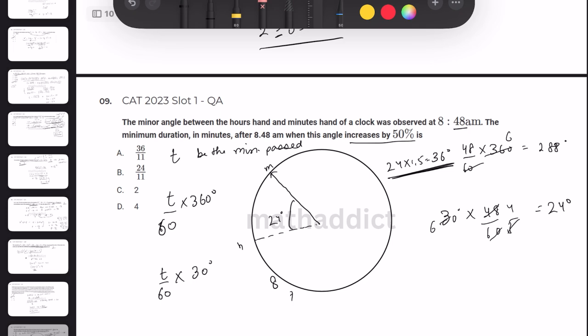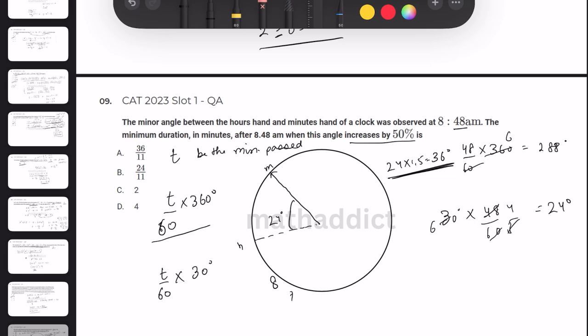So the difference between these two should be the increment which we need. This is the change of the angle of the minute hand.